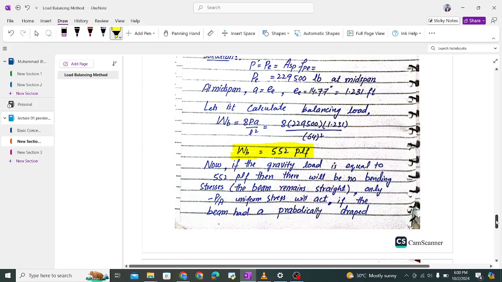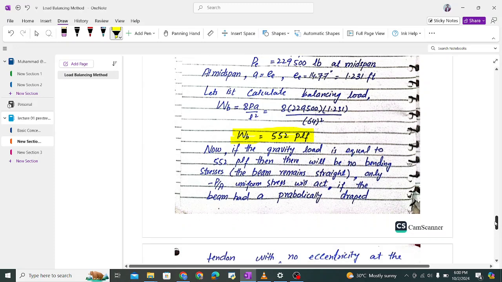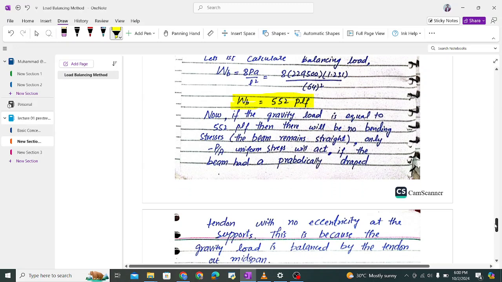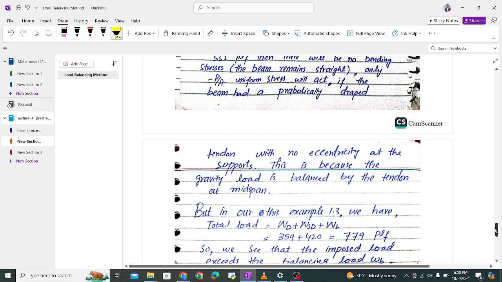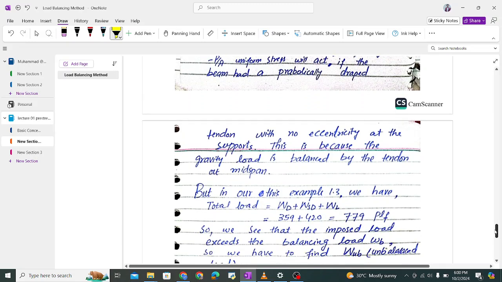There will be no convex or concave shape of the beam. The beam will remain straight. Only the uniform stress will act. If a beam had a parabolically draped tendon with no eccentricity at support, this is because the gravity load is balanced by the tendon at midspan. This is the load balancing concept.